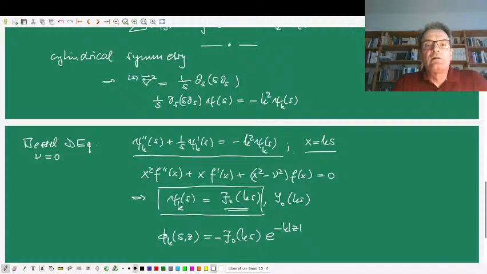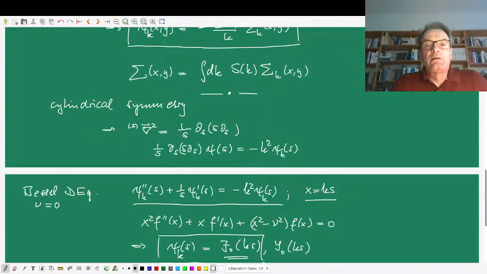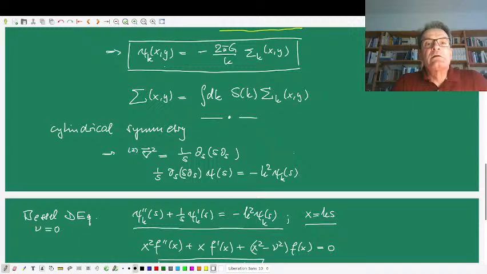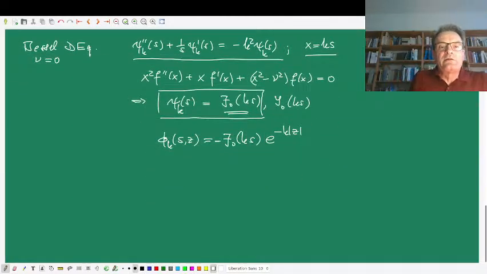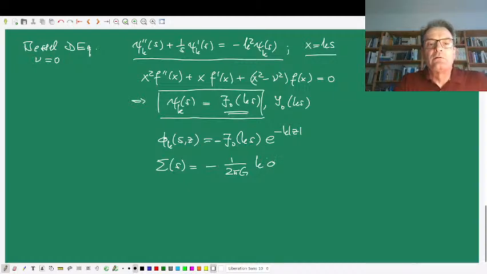And now let us return to this equation that we previously had for the density modes. If you invert that equation, you see that we can write sigma of s, due to the cylindrical symmetry, as minus 1 over 2 pi G times k times psi k of s.